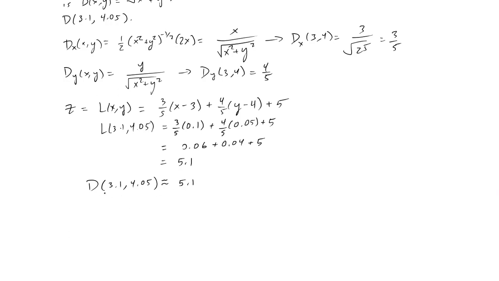And if you actually put this in your calculator and have the calculator do all the work, you'll get 5.100245, etc. So these are indeed close, and the plane is doing a good job of approximating the function.